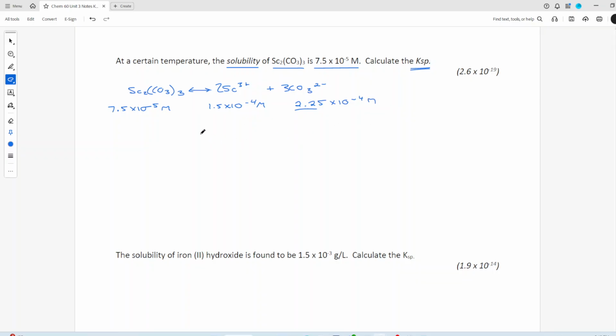So now to calculate KSP, I'm going to write down my KSP equation, which is going to be the concentration of scandium squared times the concentration of carbonate cubed. So in here, I'm going to put 1.5 times 10 to the negative 4 squared times 2.25 times 10 to the negative 4 cubed.